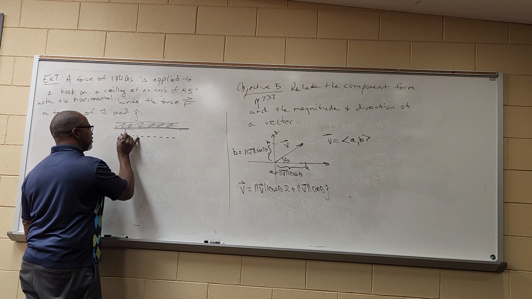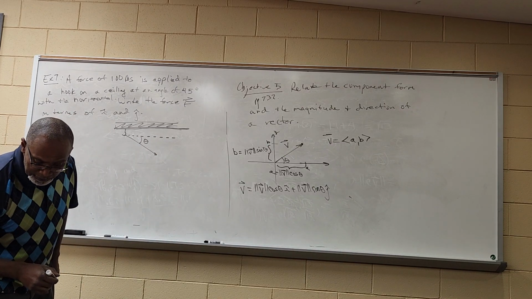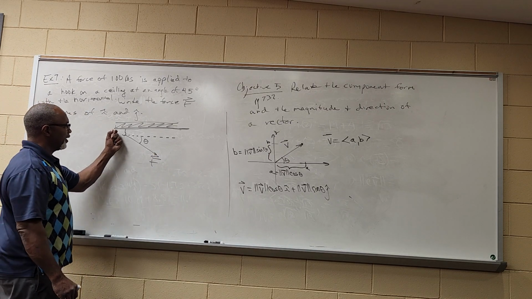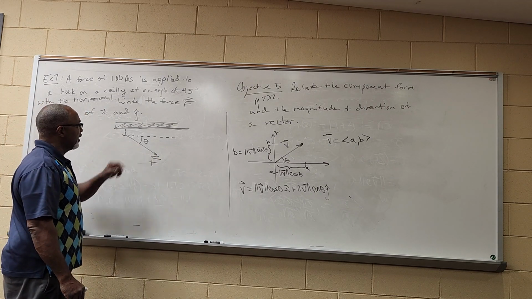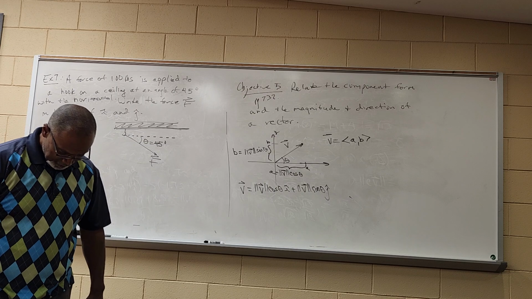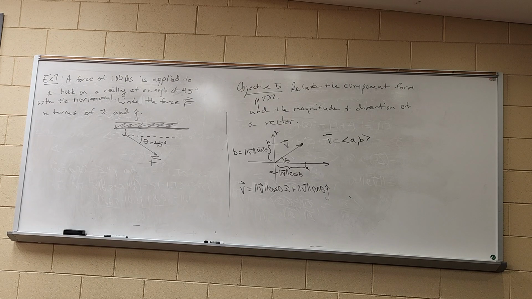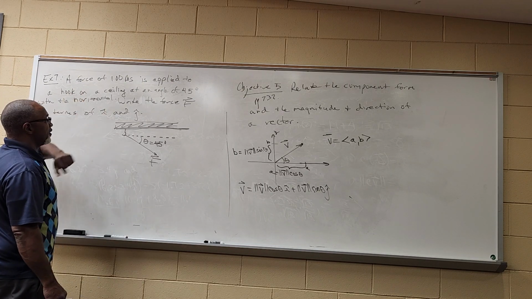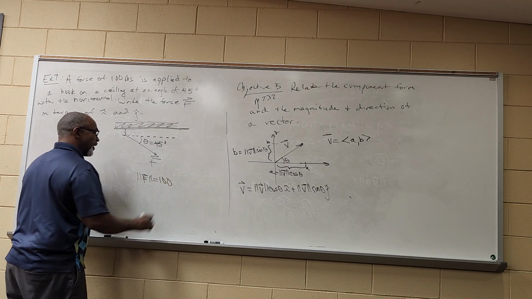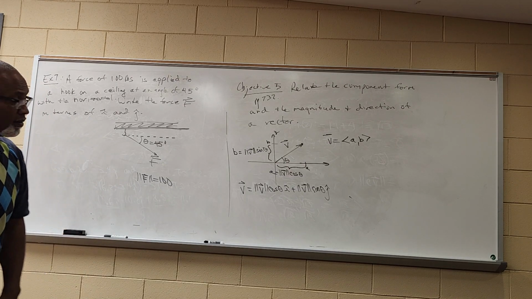This is parallel to it, so I've got a weight at some angle theta, and I'm applying this force F at an angle of 45 degrees with the horizontal. They told me a force of 100 pounds, so the norm of F is 100. They gave me the magnitude of the force.